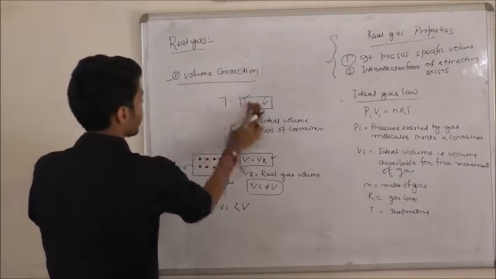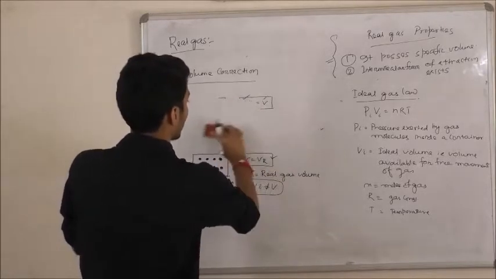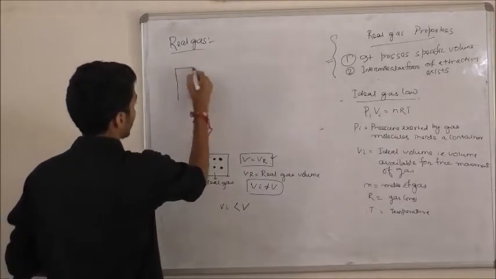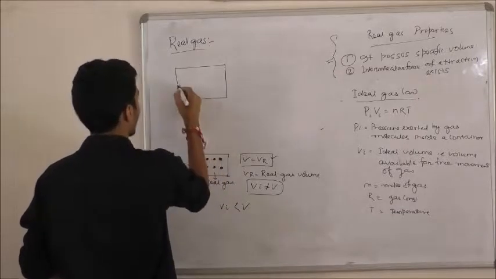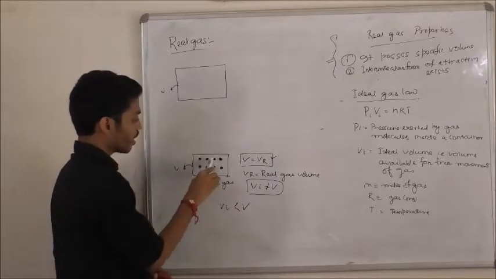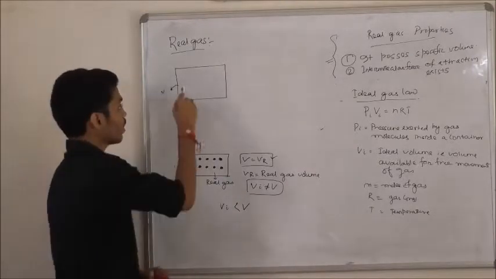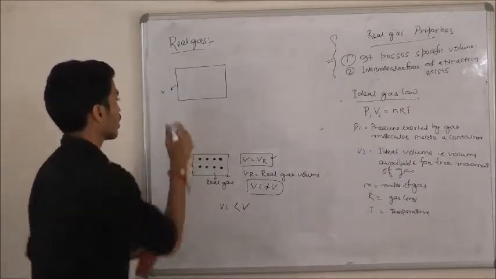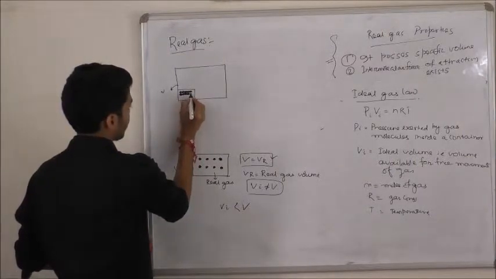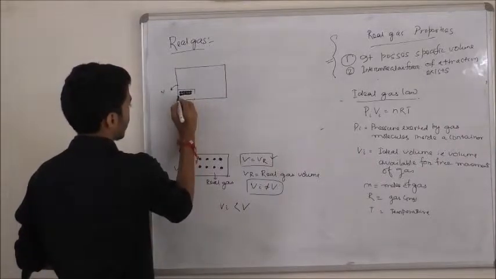We can also prove it. See this. Suppose this was a container of volume V, and now let's bring all these real gas molecules to the corner of the container. It will be something like this. This is the volume.